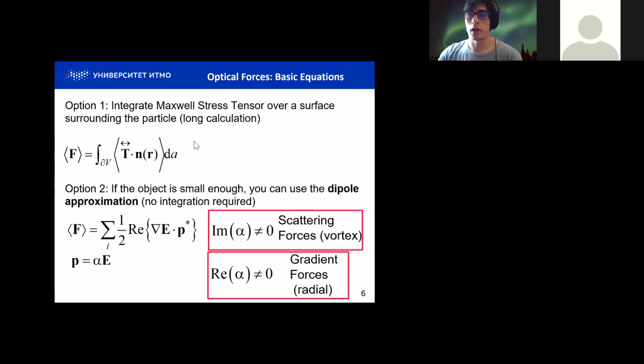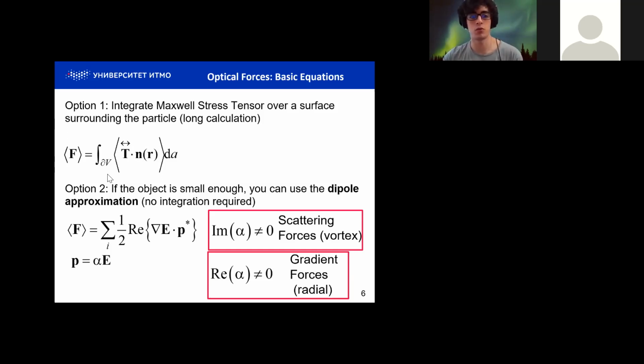there are two ways that we can calculate the electromagnetic forces that one has in a system. On the one hand, the most rigorous way is to calculate what we call the Maxwell stress tensor, average it over time, and make a volume integral over a particle where we want to evaluate the force.